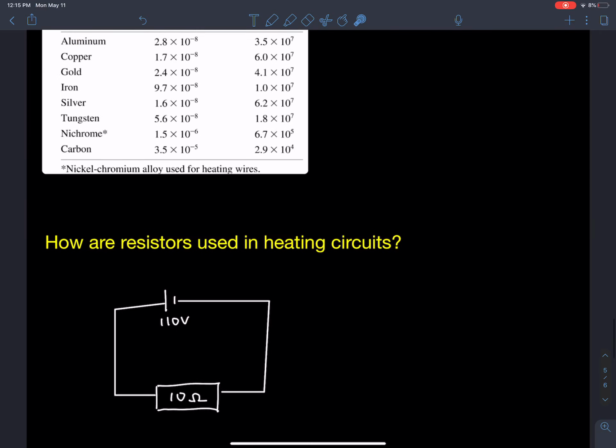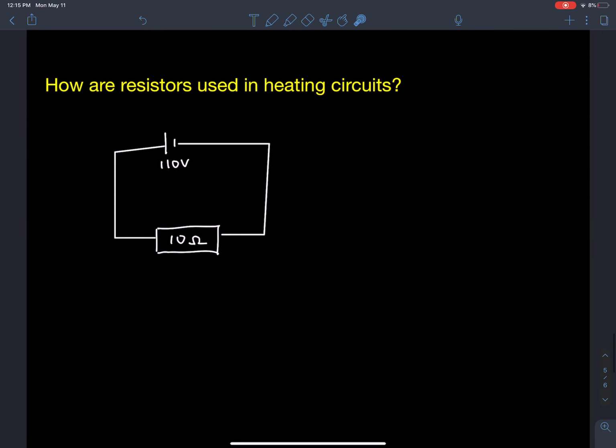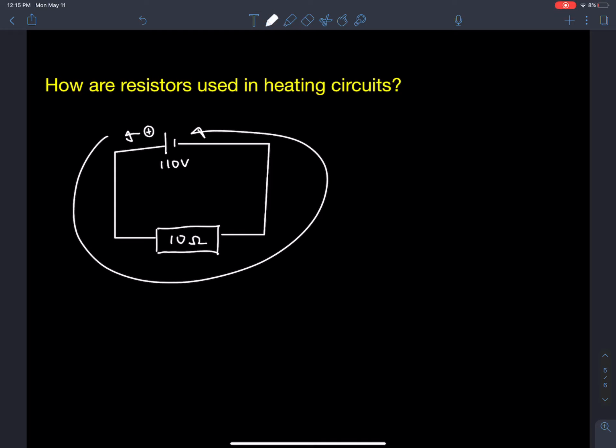Okay, so how are resistors used in heating circuits? Well, like I said, the resistor slows down the current in a circuit. And what I said in a previous video when we talked about batteries is that when a positive charge flows through a circuit and comes back to the other side of the terminal, it has to spend 110 joules of energy per coulomb of charge.